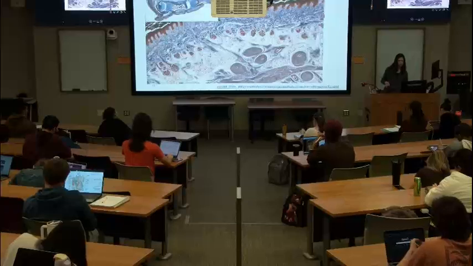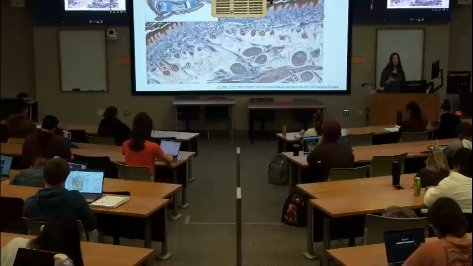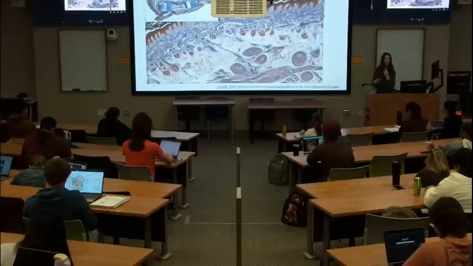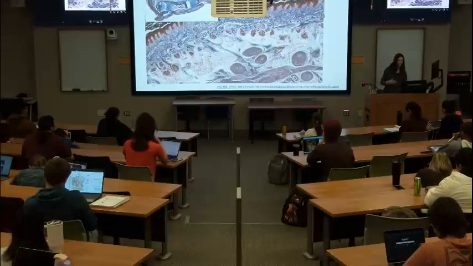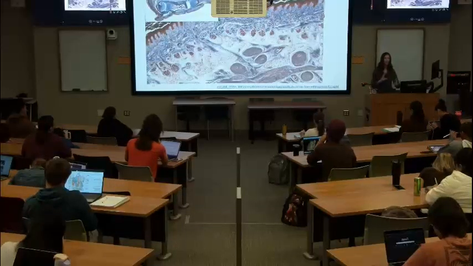And you should be able to pick out some other round structures. Even without zooming in, you can pick out round structures that have some sort of reddish material on the inside. That's going to be a blood vessel. So those are the common things you're looking for in these pictures.